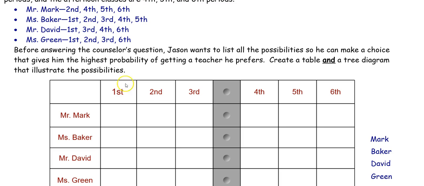So I'll check off 2nd, 4th, 5th, and 6th periods. Mr. Mark is teaching computer science during those periods. Now Miss Baker, first, second, third, fourth, and fifth.